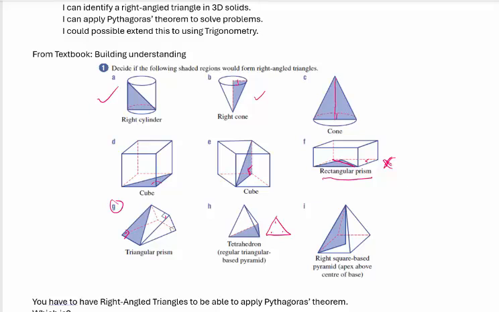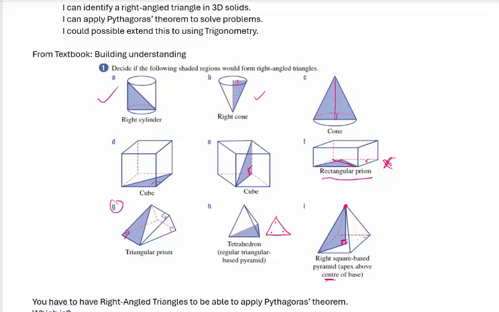And if this was an equilateral one, they'd all be equal. However, with a pyramid, we've done pyramids in our assignments, you will see that there's a right angle triangle if it goes from the top of our pyramid, the apex as they call it, to the center of the base. So the first thing you need to be able to do is identify the 3D shape.